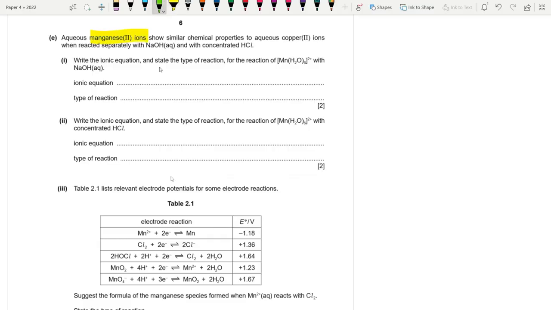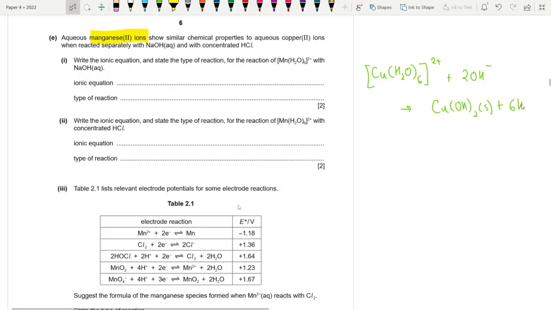So let's try to do this. The ionic equation for manganese with NaOH. So compare it with copper. This is copper: [Cu(H2O)6]2+ reacts with 2 OH minus to form copper hydroxide, Cu(OH)2 solid, and we release 6 moles of water.